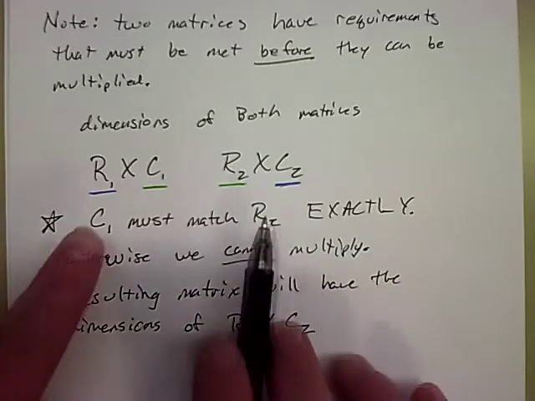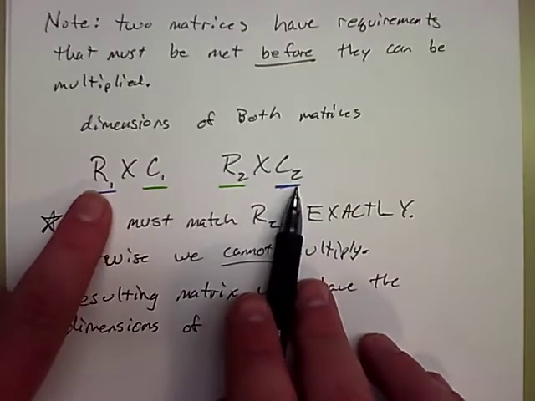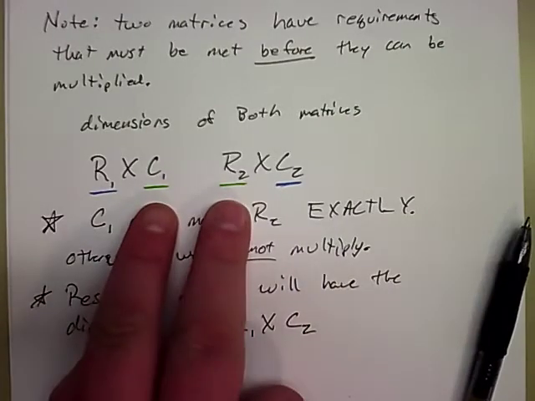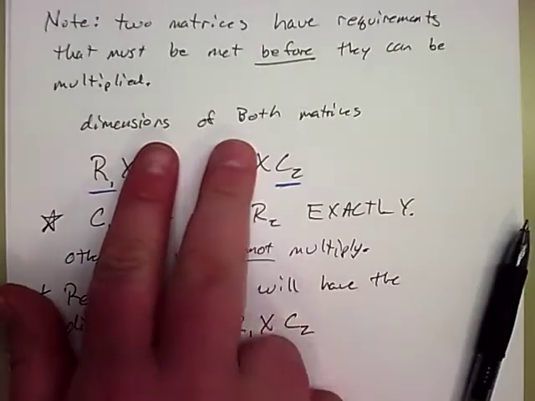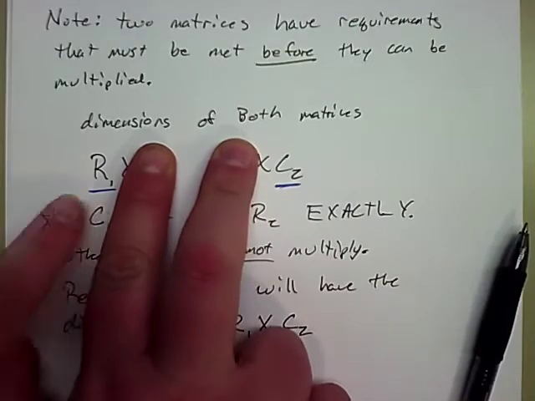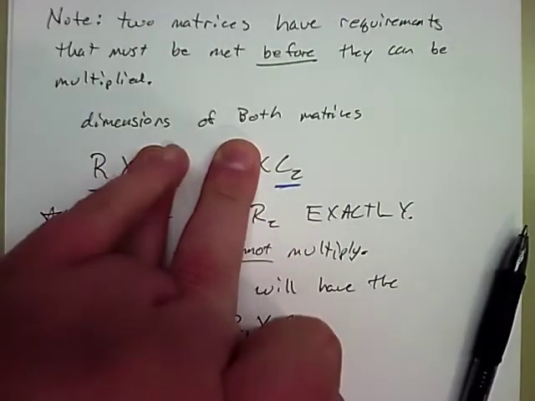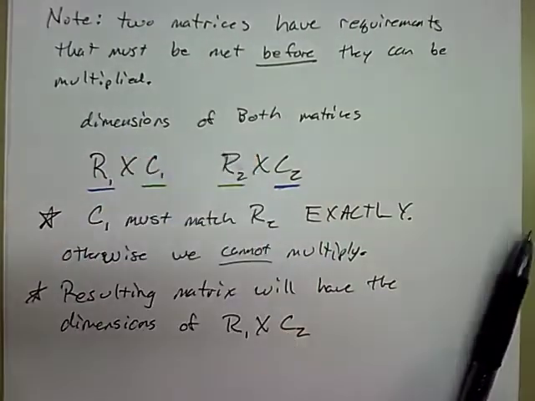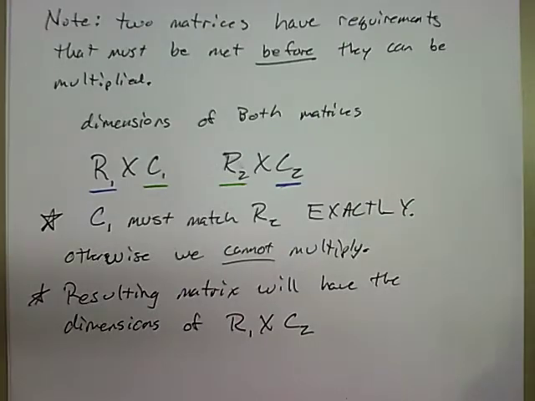Okay? So this is going to be the resulting matrix. So if the inside numbers match, cover them up, then the resulting matrix is going to be this size. So R1 by C2. All right. So let's go through.